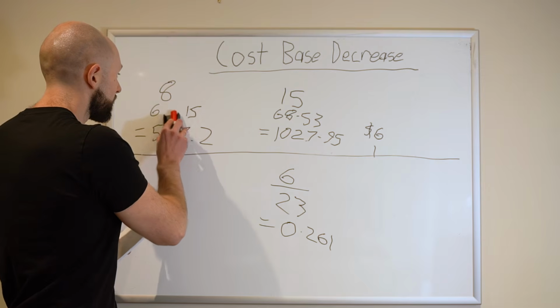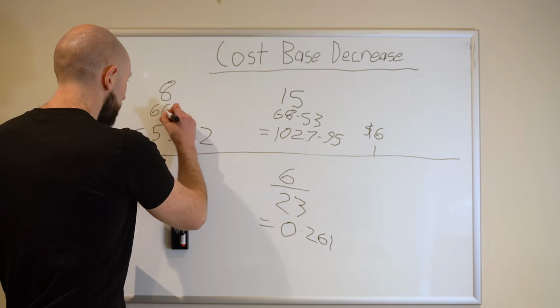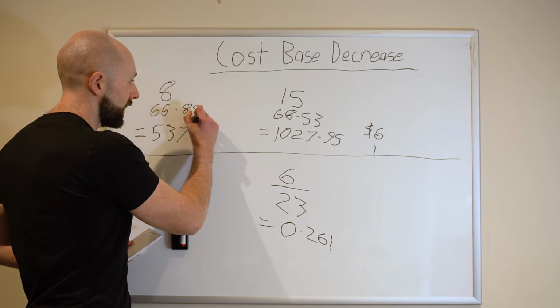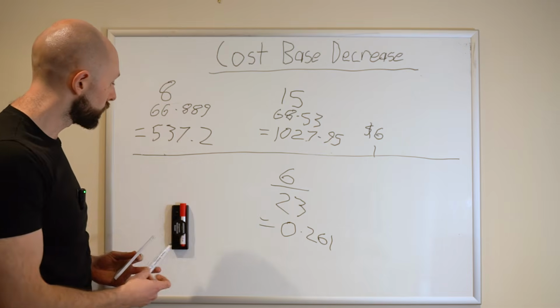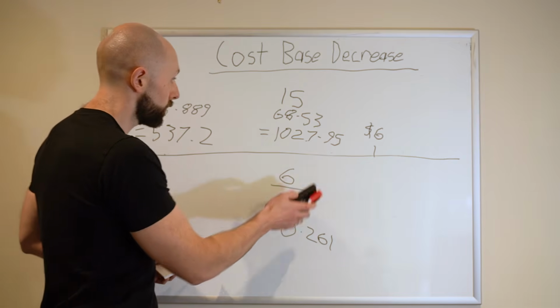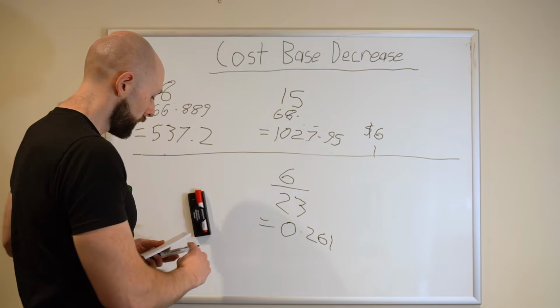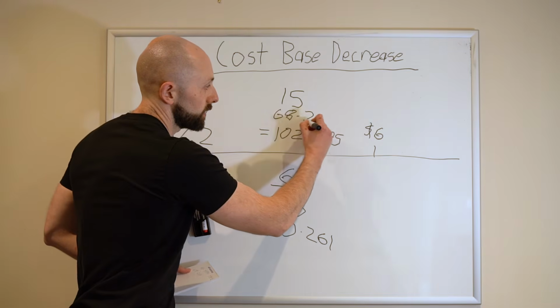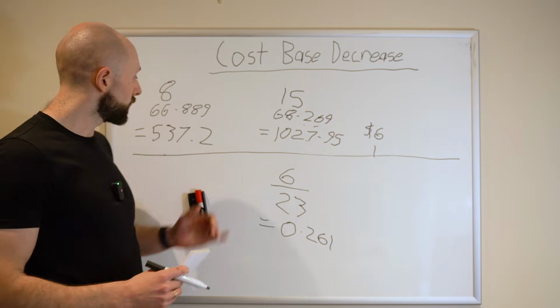So instead of 67.15, it becomes 66.889. We've just subtracted that from the original price. And the next one, instead of 68.53, becomes 68.269. So we've now adjusted the price.